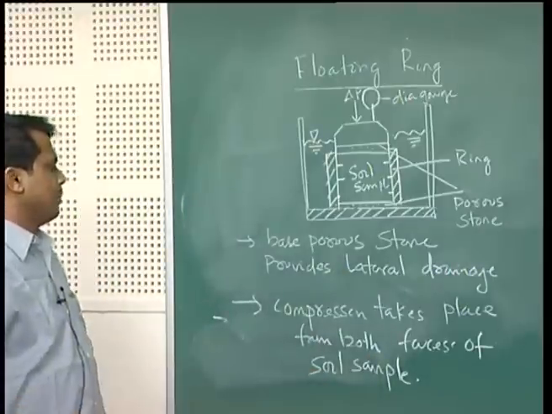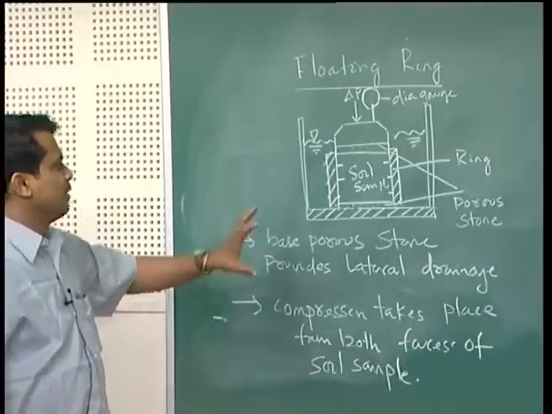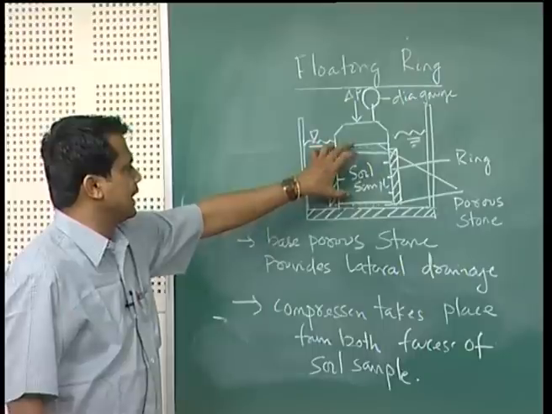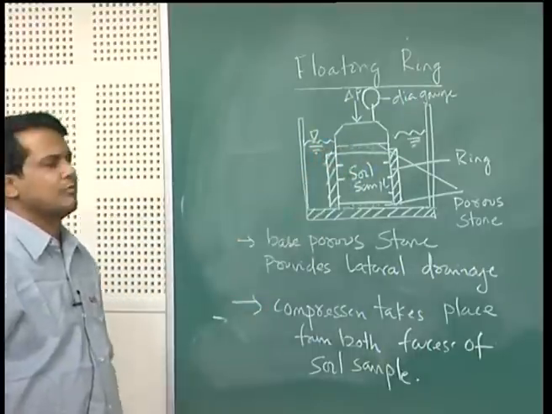Then compression, in this case, takes place both at the top as well as the bottom, which is why it is called a floating ring.